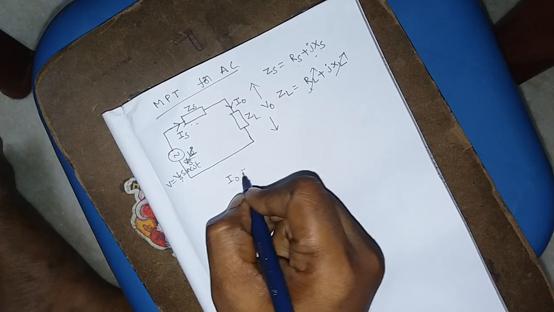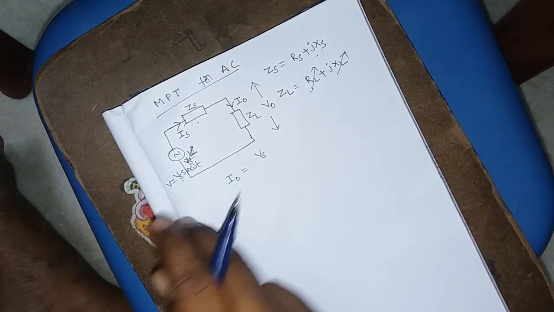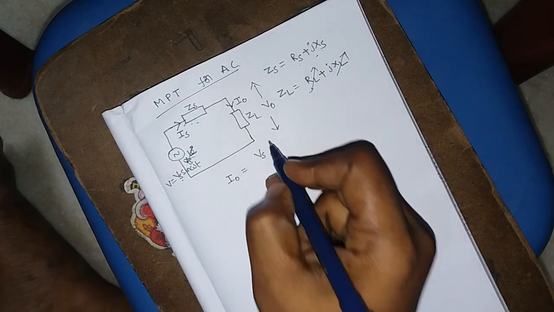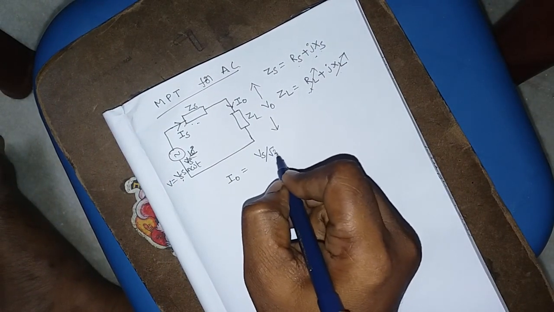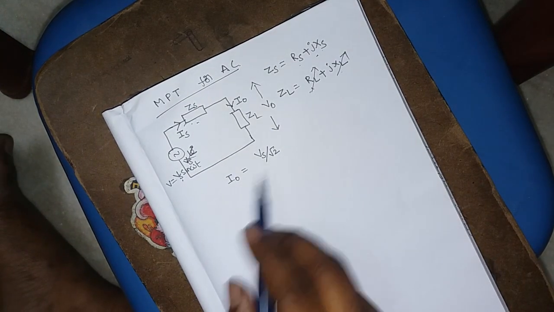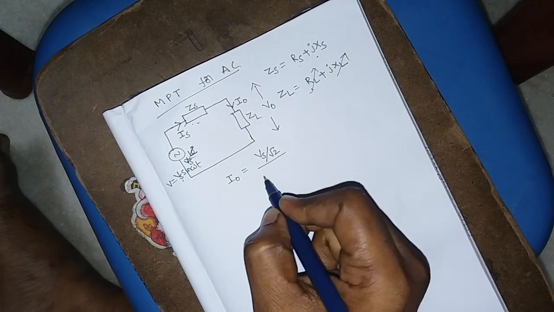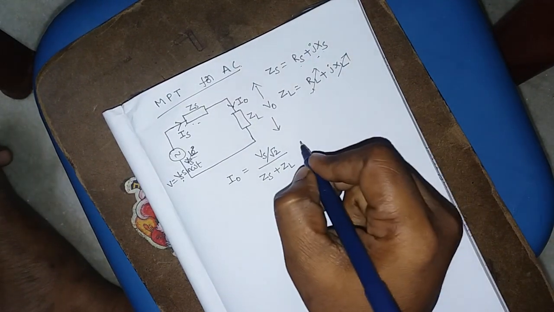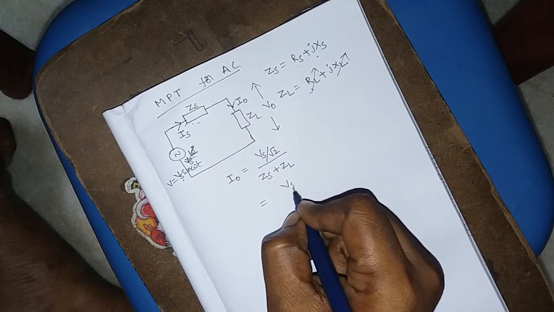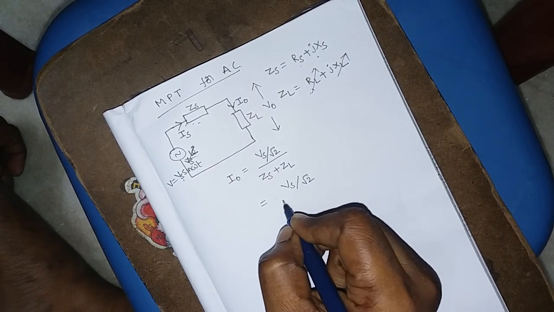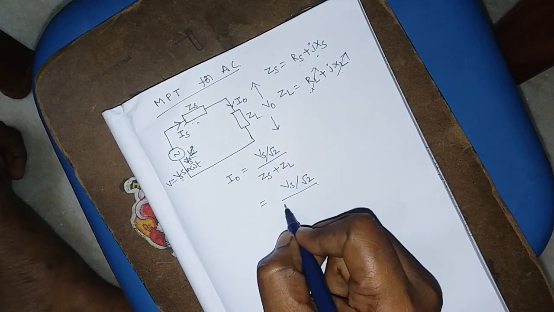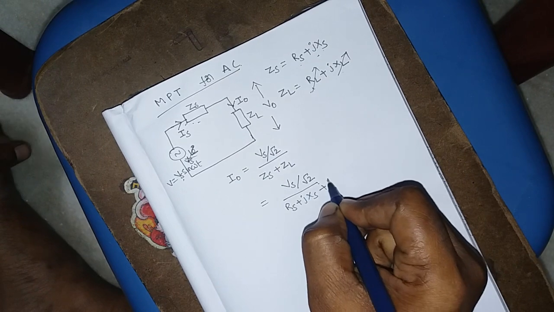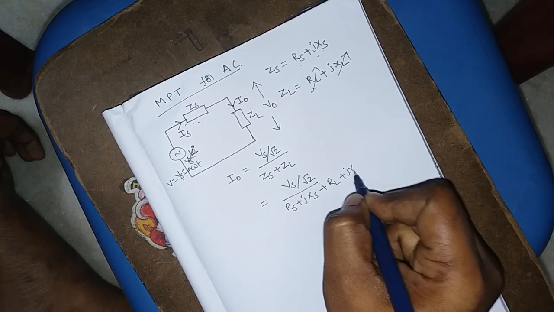I0 is equal to Vs. As this is the maximum value, we need the RMS value, so it is Vs by root 2, the RMS value, divided by Zs plus ZL. Or you can also write Vs by root 2 divided by Rs plus j Xs plus RL plus j XL.